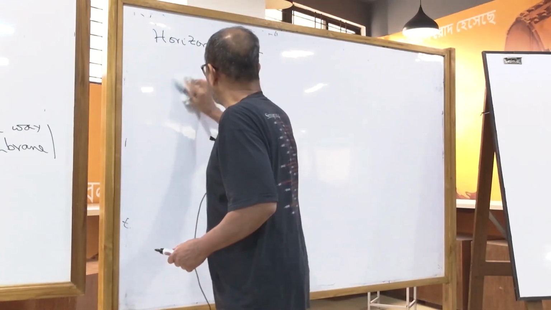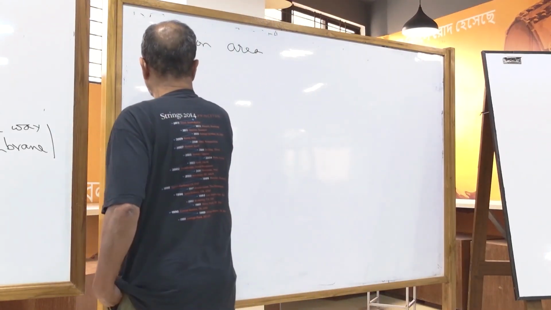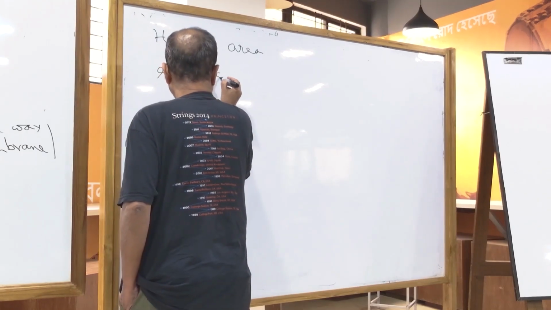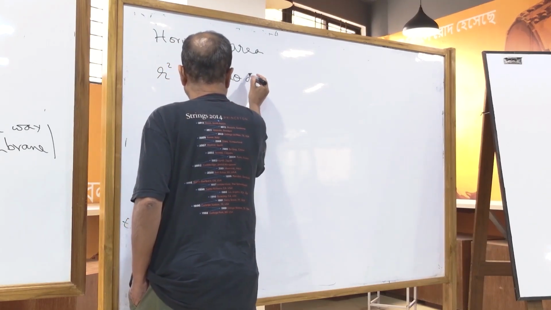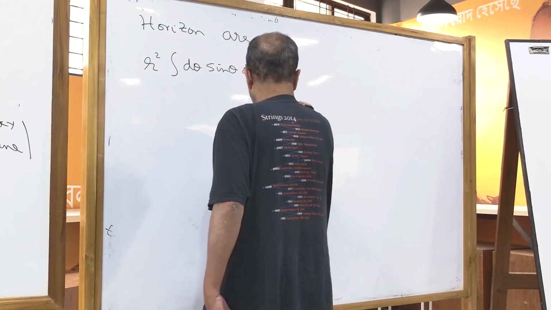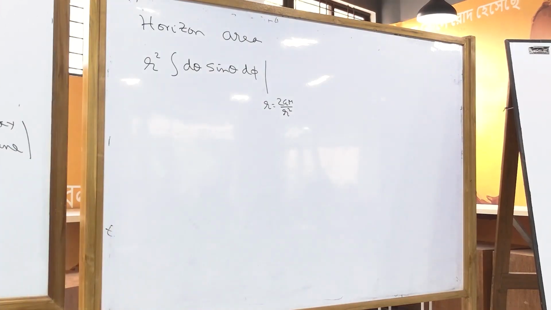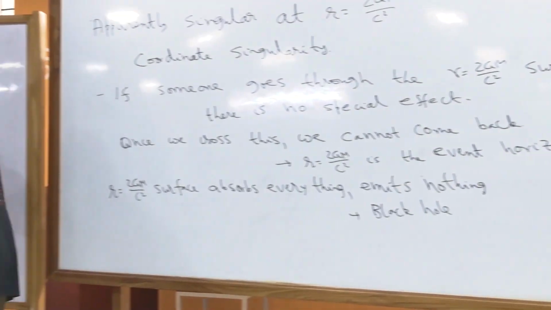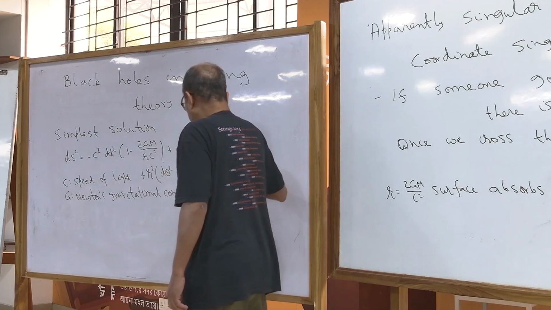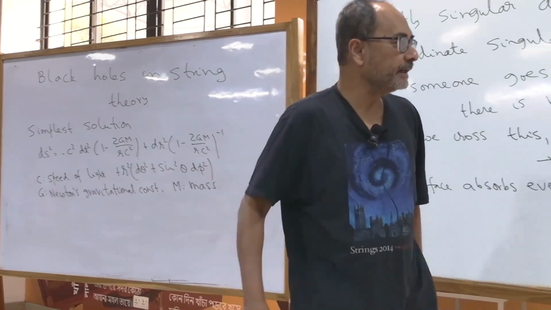Since we'll be doing more general cases, let me just write this as an integral first. We have r squared integral d theta sin theta d phi at r equal to 2GM over c squared. Okay, you have to basically read out from the metric, right? The horizon is at fixed r, and you also fix t. So you just have the metric r d theta times r sin theta d phi, right? That's what I have written here.